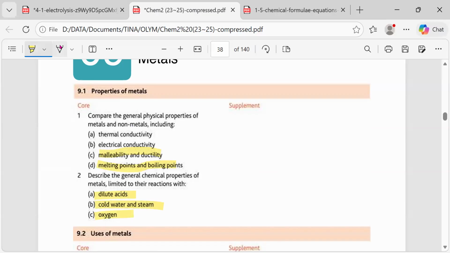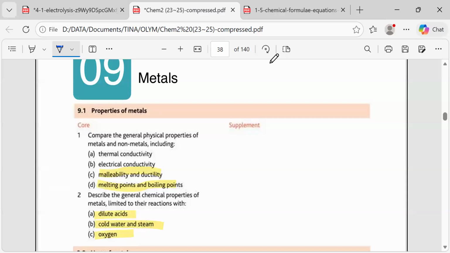So we learn this reactivity series that you need to memorize. Potassium, sodium, calcium, magnesium, aluminium, zinc. Wait, don't copy first. Lithium, no need to.